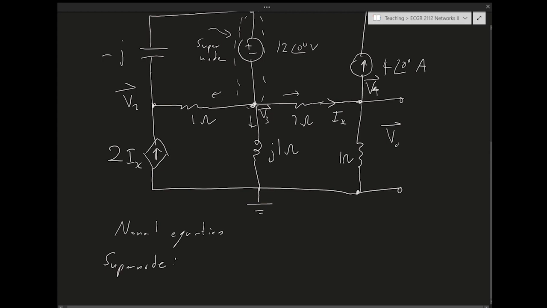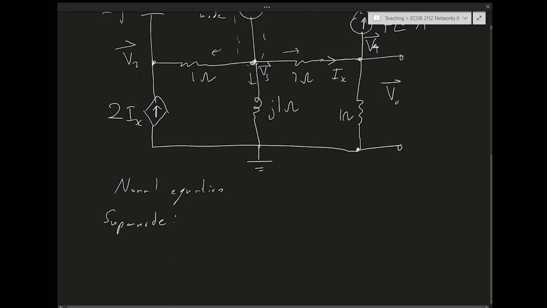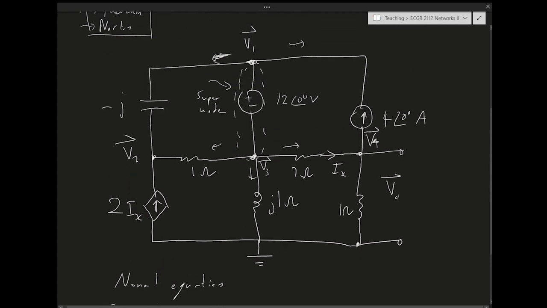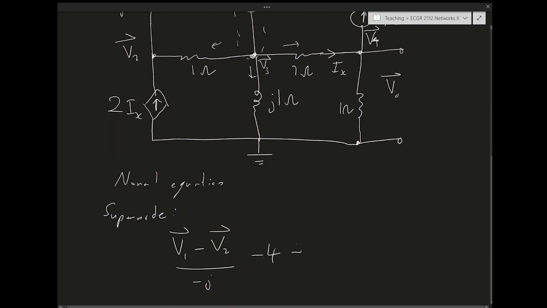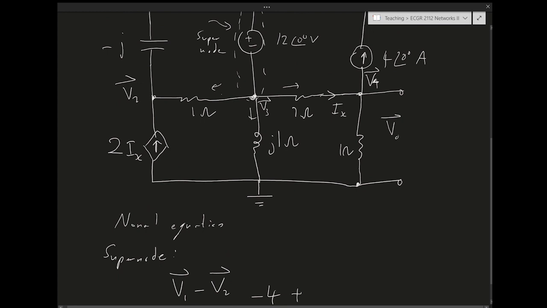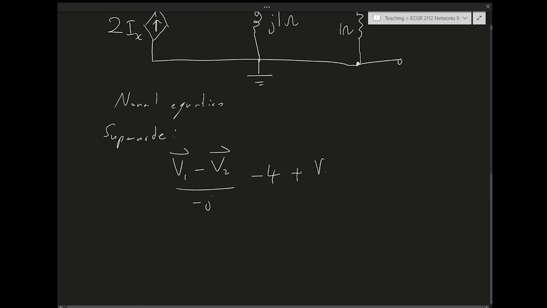So starting with the supernode, I'll just write all the currents. Let me start with this current. This is going to be V1 minus V2 over the impedance minus J. Then I'll do this current, which is minus 4, plus this current, which is V3 minus V2 over 1.